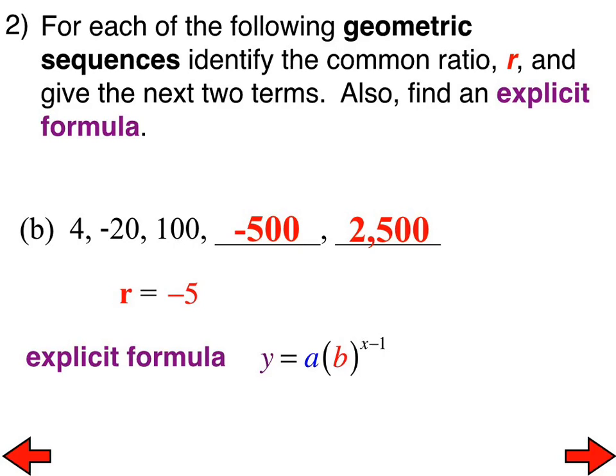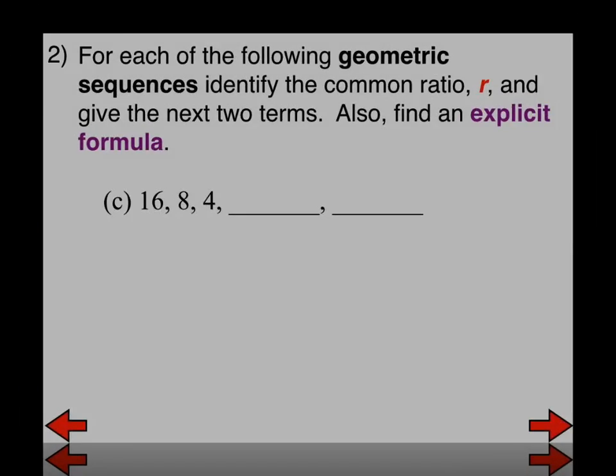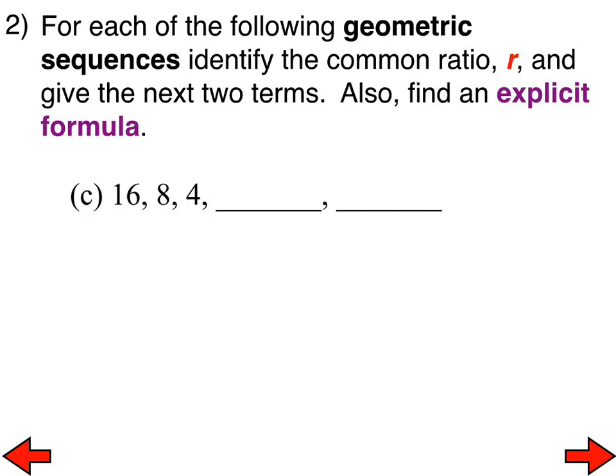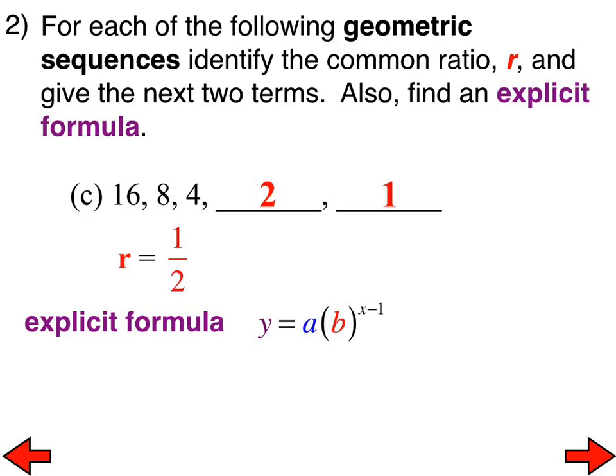That would be y equals 4 times -5 to the x minus 1 power. Any questions with that one? All right, part C. Going from 16 to 8 to 4, we are multiplying by 1/2. So that makes the next two terms 2 and 1. The common ratio, which is the multiplying factor, is 1/2. That's all we need to come up with our explicit formula. So y equals 16 times 1/2 to the x minus 1 power.